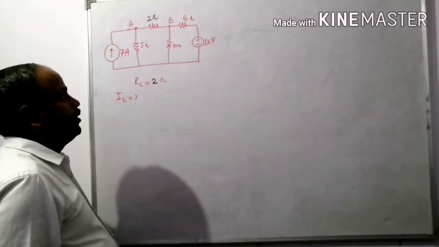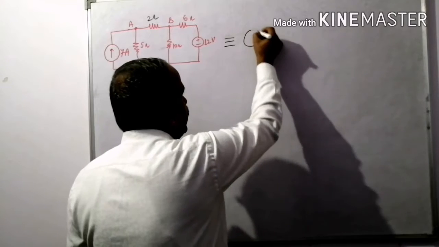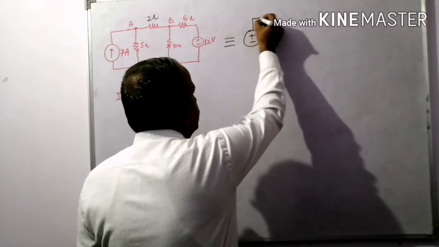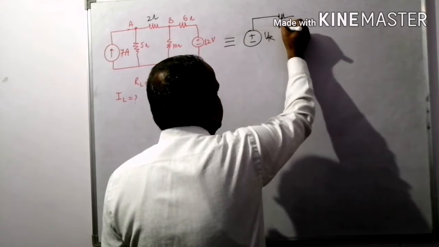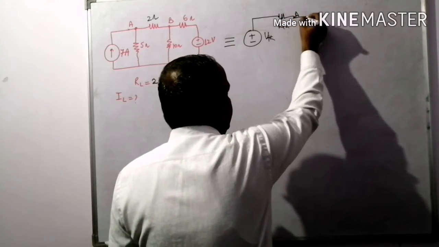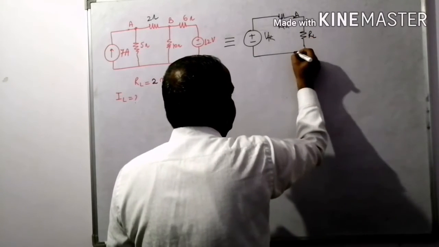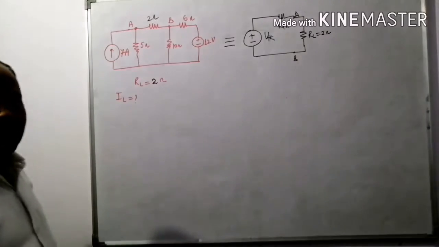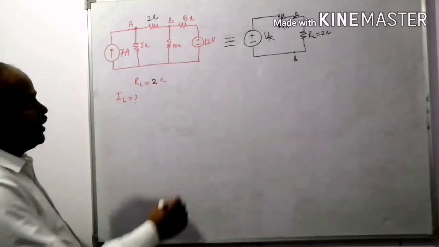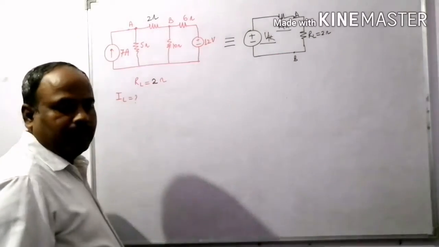Okay, according to the Thevenin theorem, I'm going to draw an equivalent circuit containing VTH, RTH and RL in the circuit. Right? Okay, now our task is to calculate VTH and RTH.